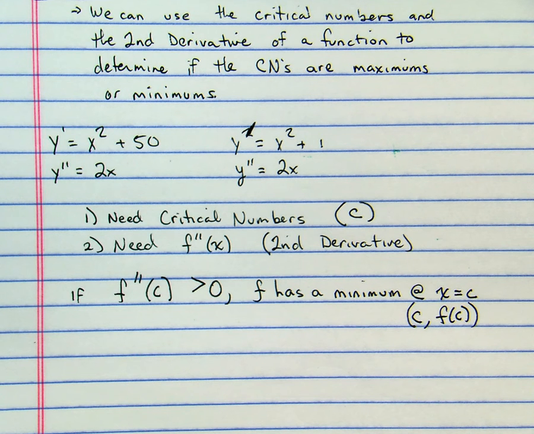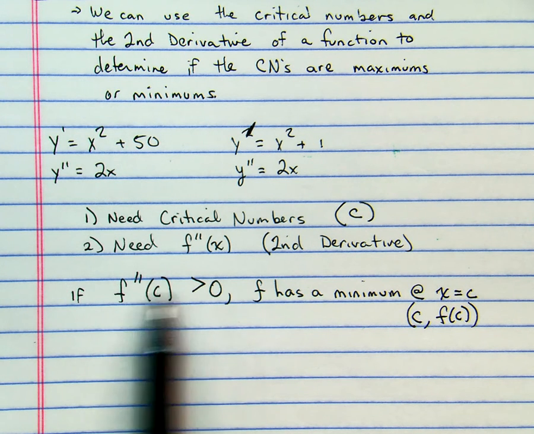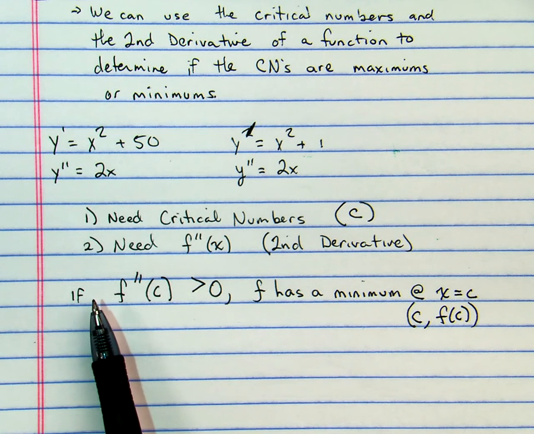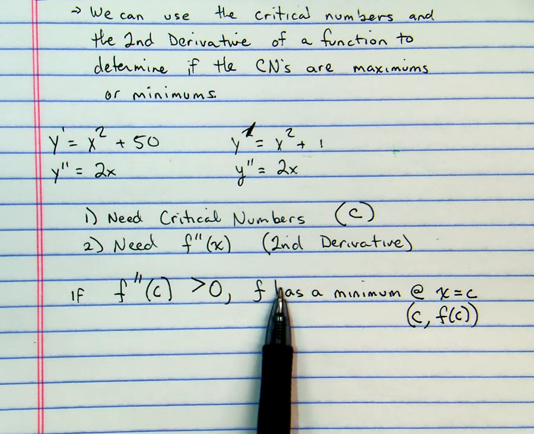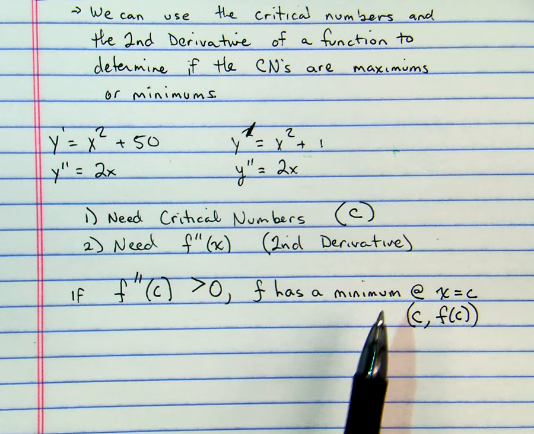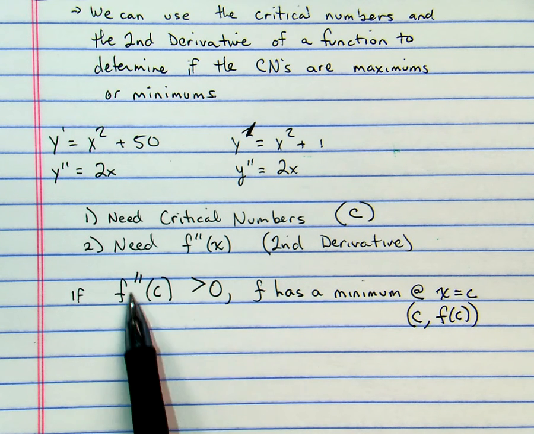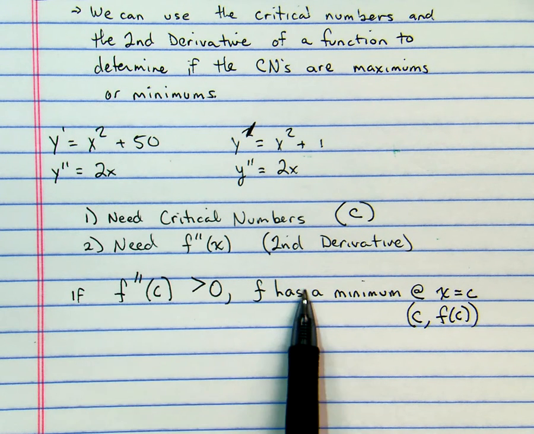Same thing here. It's counterintuitive. Usually we'd say we'd have a maximum if it's bigger than 0, but if we're looking at the second derivative, it flips it upside down. If it's positive, then we know it's a minimum.